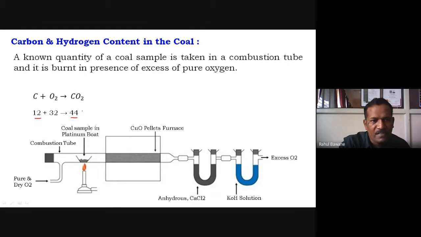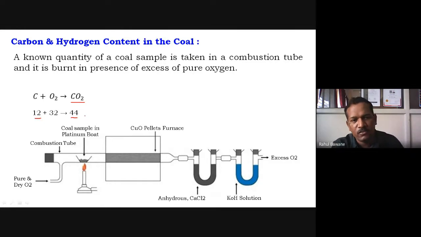If I ask how much carbon is required for 1 gram of CO2, we divide by 44. So for 1 gram of CO2, we require 12 by 44 gram of carbon.